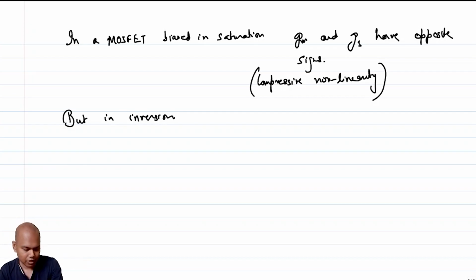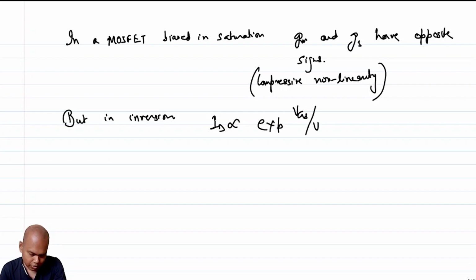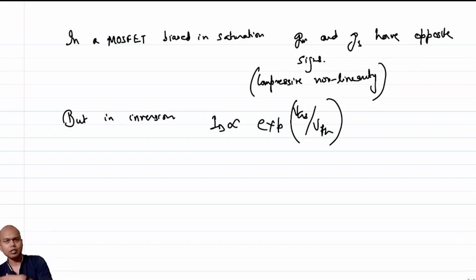That is, your ID is proportional to e to the power VGS over VT, where VT is kT over q, 26 milli electron volt.